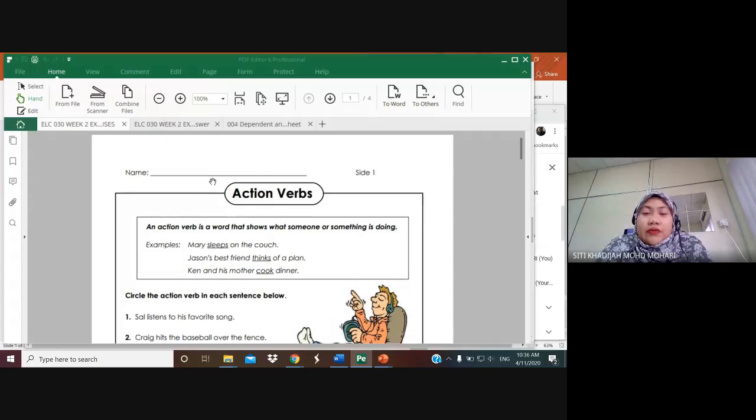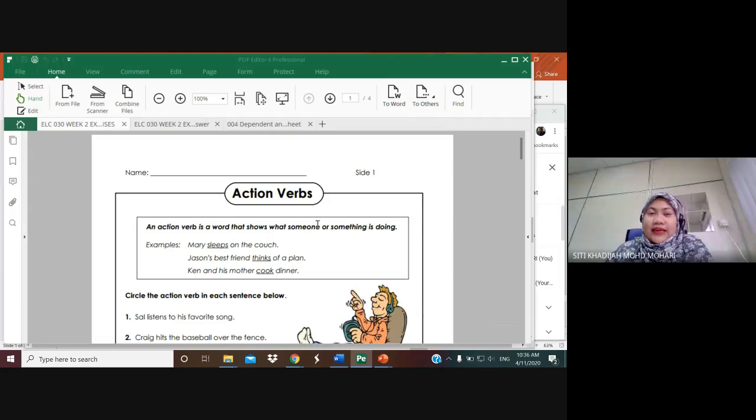We are going to look at what it means by verb. So I'm going to choose one person randomly, and I need you to tell me what it means by verb. The answer is here, obviously. No need. So an action verb. Verb is referring to a word that shows what somebody or someone is doing.